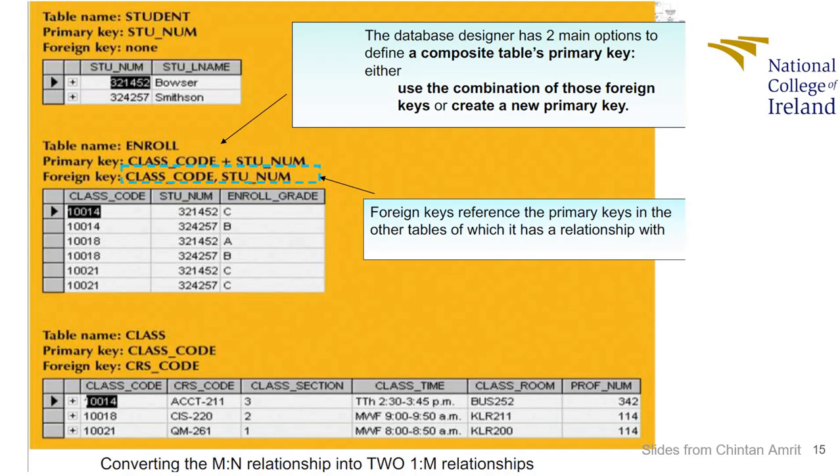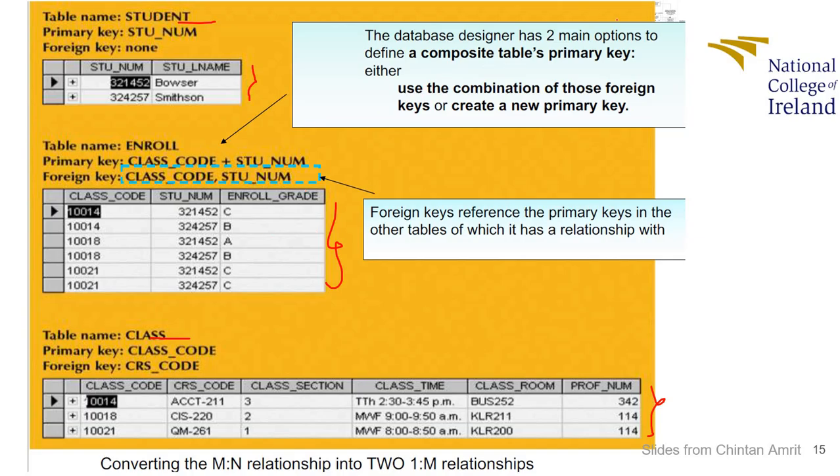And we can see this here. Now we have the student table over here, which just contains the students' IDs and names. We have the class table here, which contains just the classes that exist. And then in here is what they call a junction table.